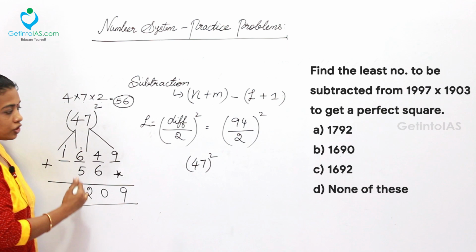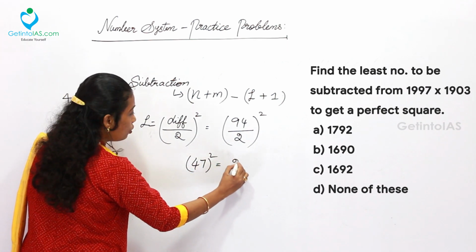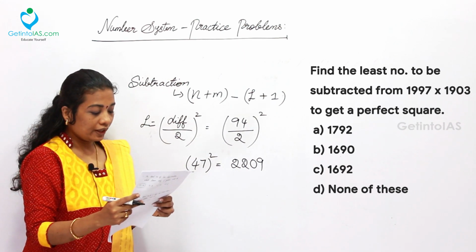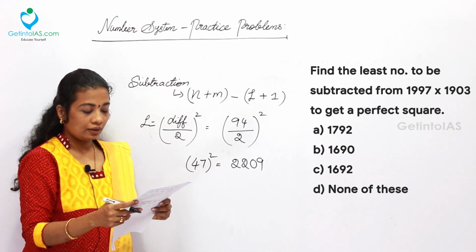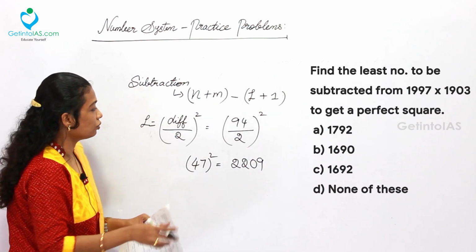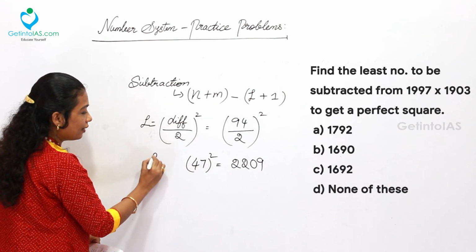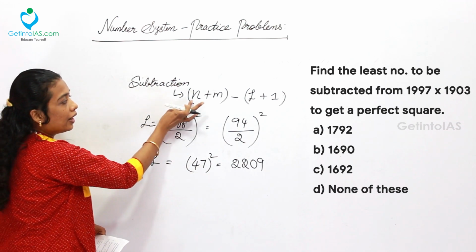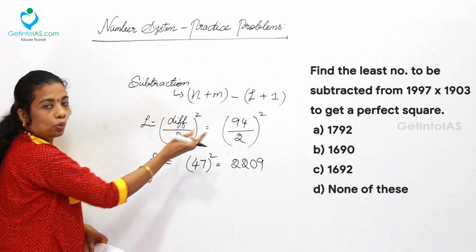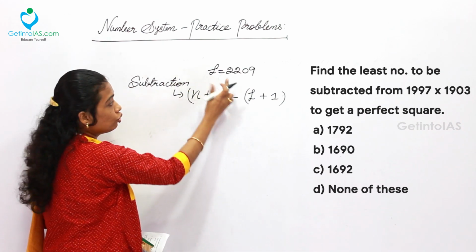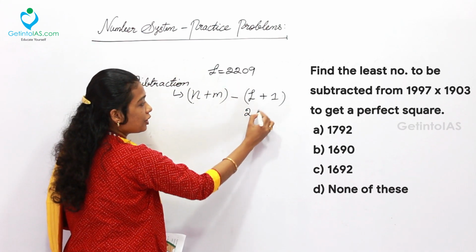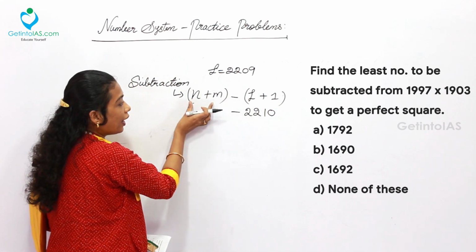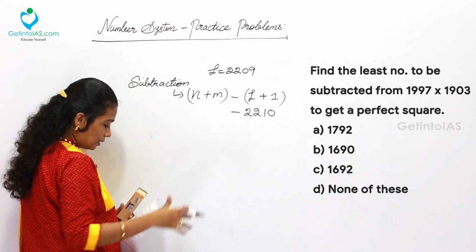Now moving on to the question, 47 square is 2209. Now we want to find the least number to be subtracted from 1997 into 1903. So what is this actually? L. We got L here. Now we want to find n plus m minus L plus 1. Let's do that. L is 2209. So 2209 plus 1, 2210, L plus 1 I have taken. Here n plus m is to be added. What is n plus m?